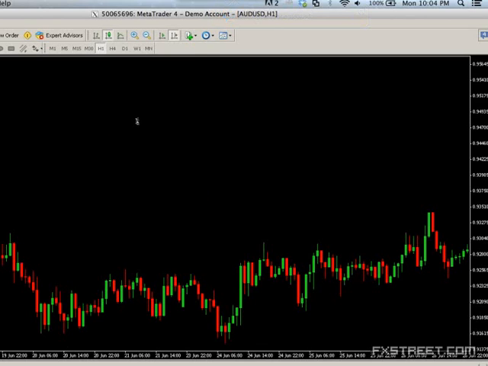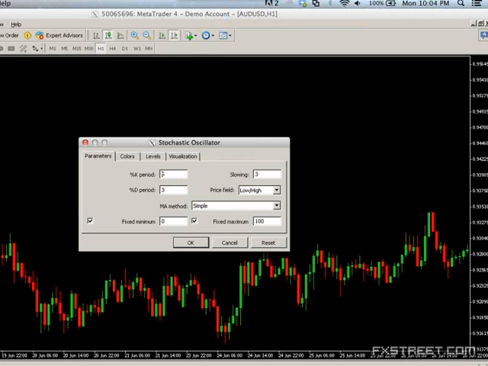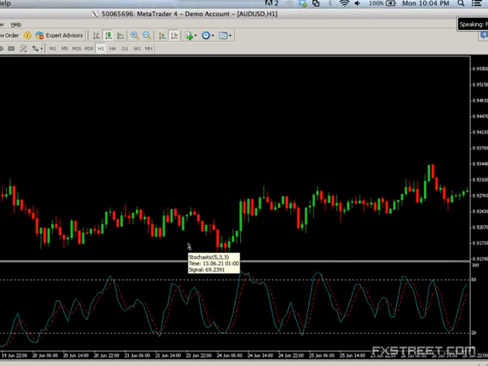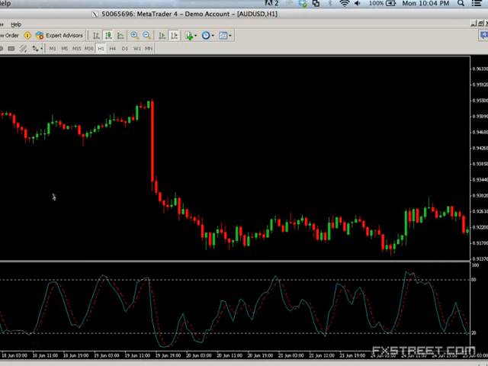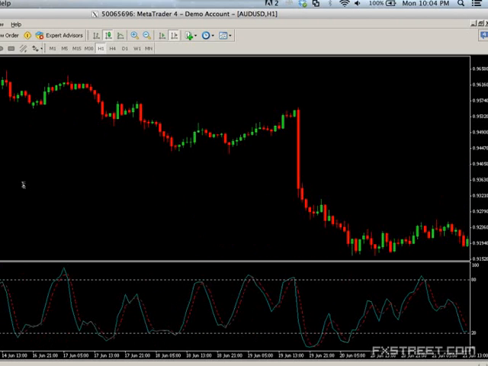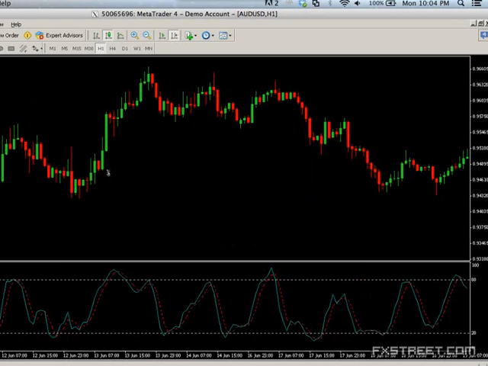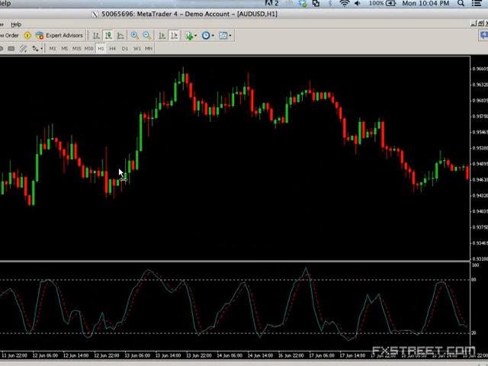I usually just select it and keep the settings standard. If you don't know what the standard settings are, click Reset. It'll be 5, 3, 3, and click OK. I simply use this to understand whether the market is doing something opposite to what the indicator is telling me to do.